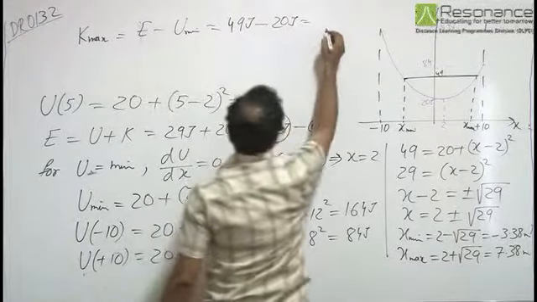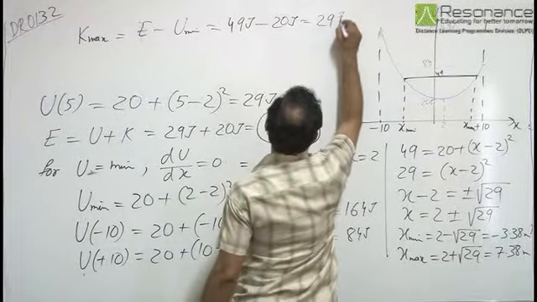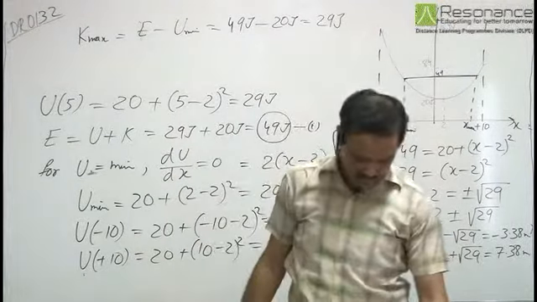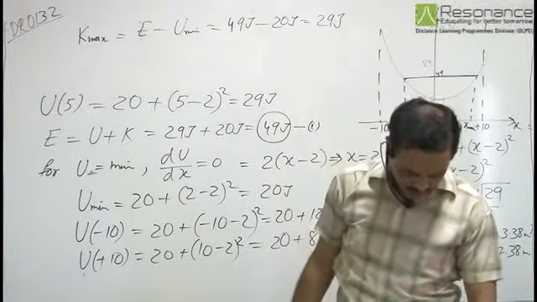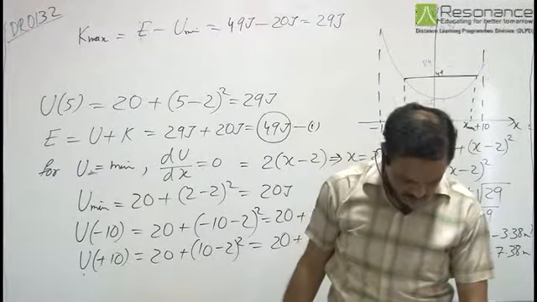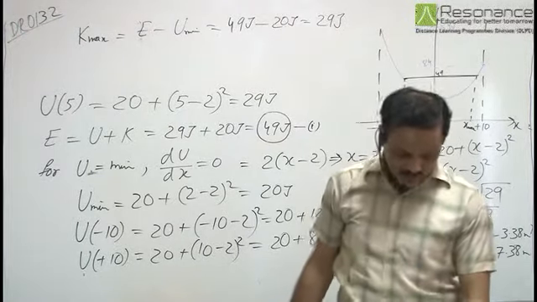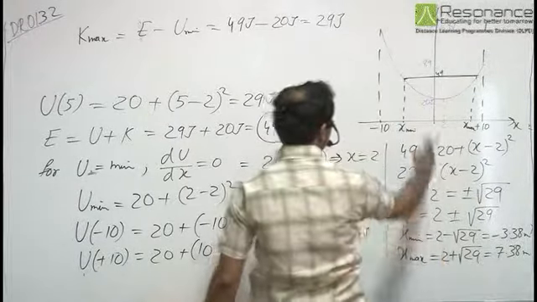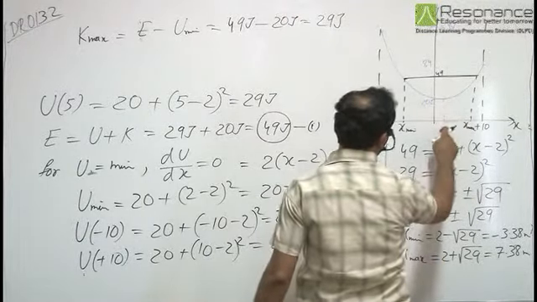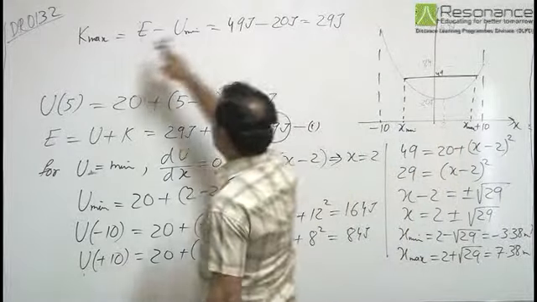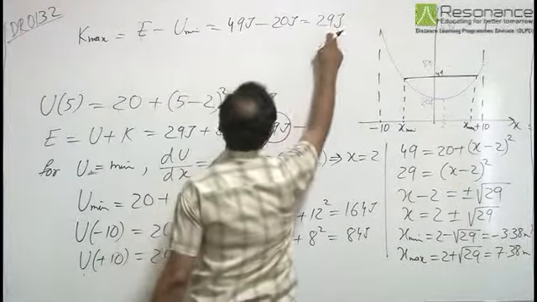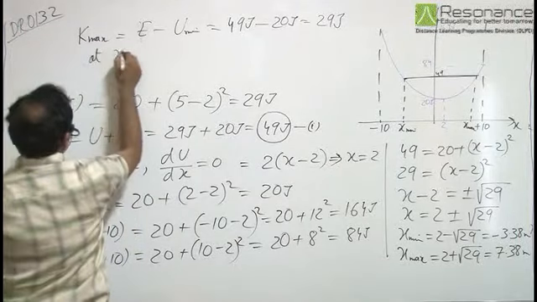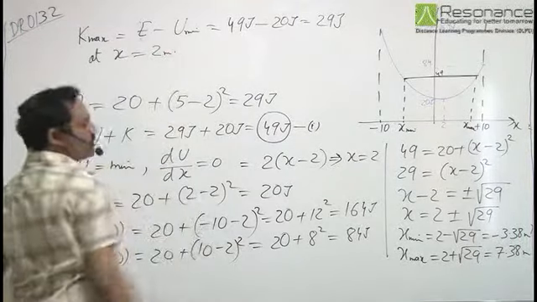So maximum kinetic energy of the particle is 29 joules. Now we need to find the value of x at which it occurs. Potential energy is 20 joules at x equal to 2, and kinetic energy is 29 at x equal to 2. So it occurs at x equal to 2 meters.